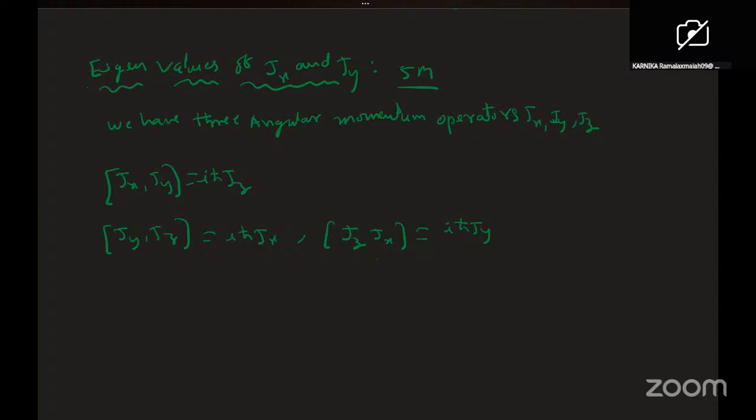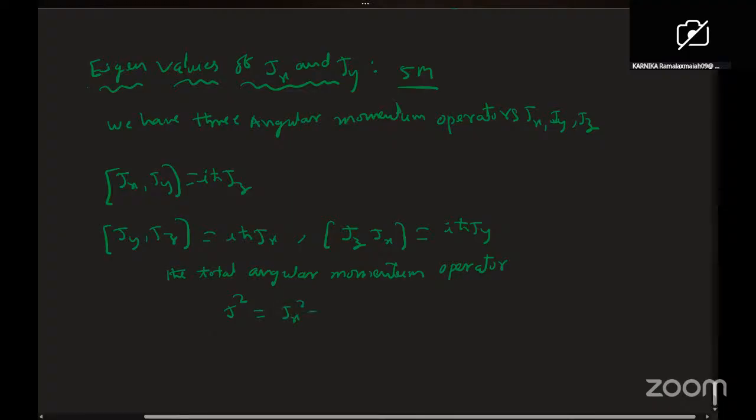Here the total angular momentum operator, J square is equal to Jx square plus Jy square plus Jz square. Okay.